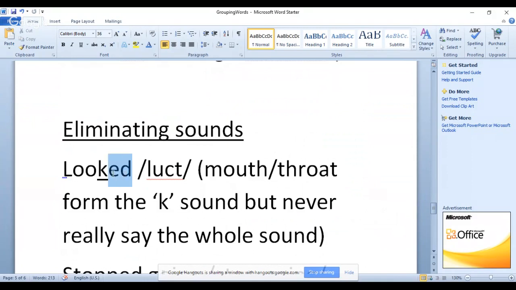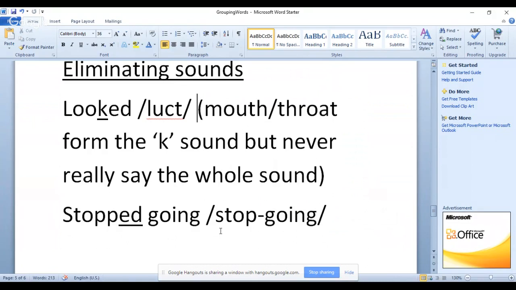Basically, this ED sounds like a T sound because this word ends with a K. So again, those are some of the rules, and it's quite difficult. Why don't you try eliminating the K sound and see what happens? Looked. Good. Okay, I can't complain about that.